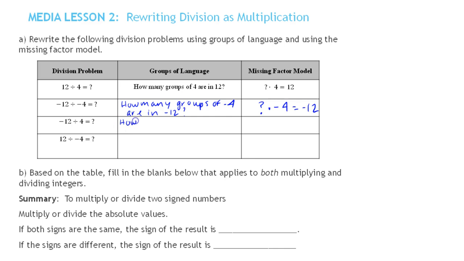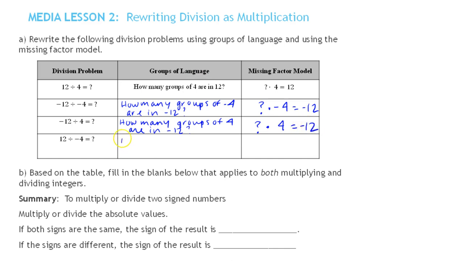Next we have how many groups of 4 are in negative 12. So how many groups, a question mark, times 4 is equal to negative 12.